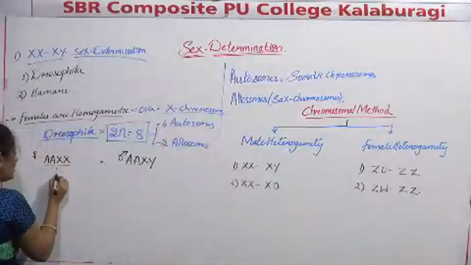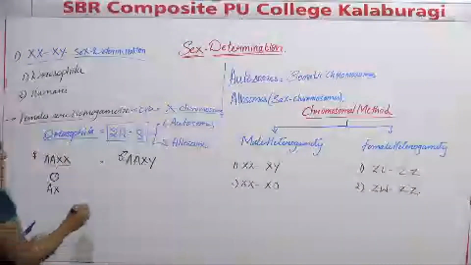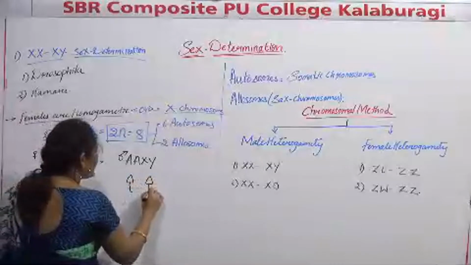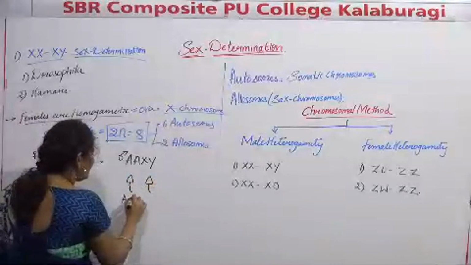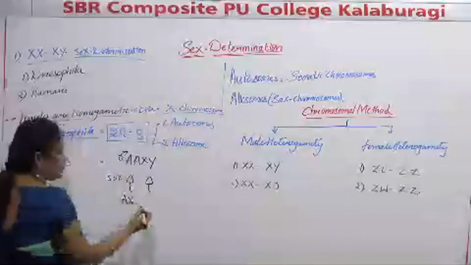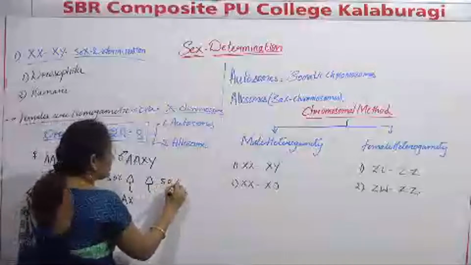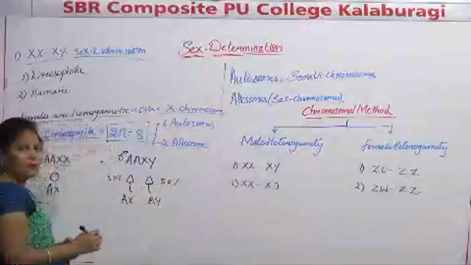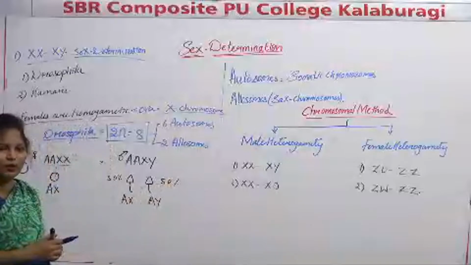All the ova they produce contain only AX, whereas males produce two different types of sperms: 50% of the sperms carry the X chromosome and the remaining 50% carry the Y chromosome.